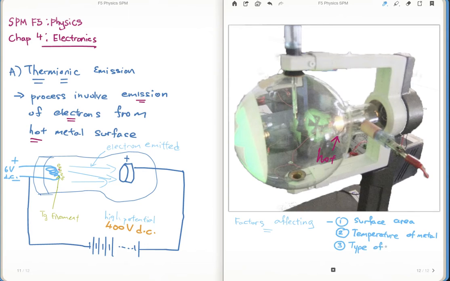Whether you're using tungsten or copper, it depends on the type of metal. Some will be easier than others. Then the fourth one depends on the nature of the metal. Is it oxide or pure?